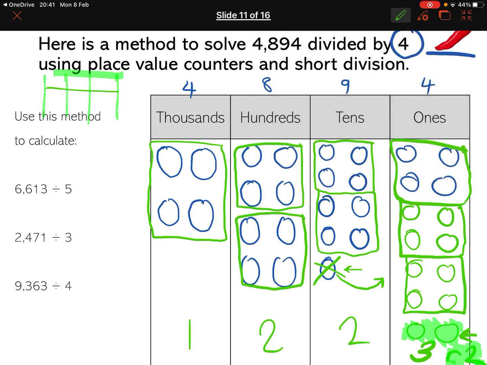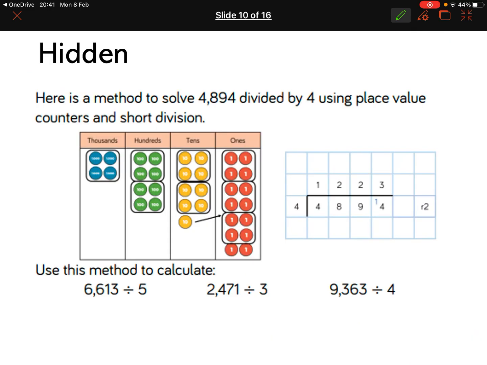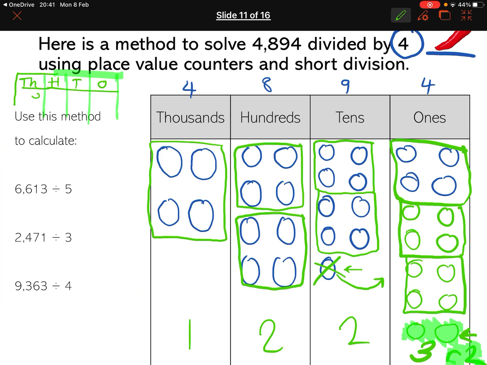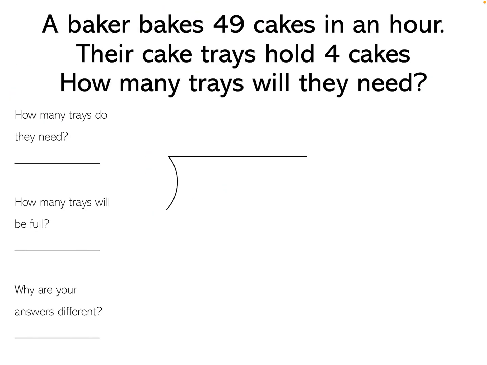So it could be thousands, hundreds, tens, ones. And then you draw them out. In the first one you're going to do 6, and then 6, and then 1, and you're going to put them into groups of 5. I hope that that's clear.